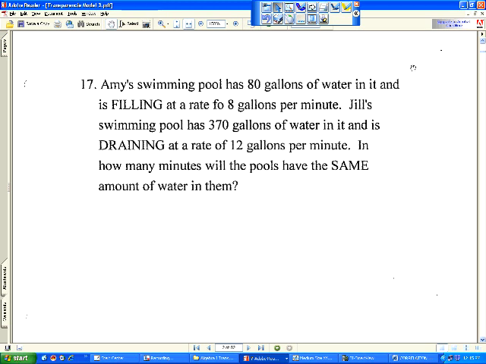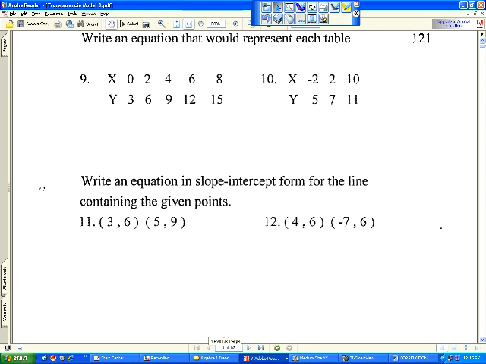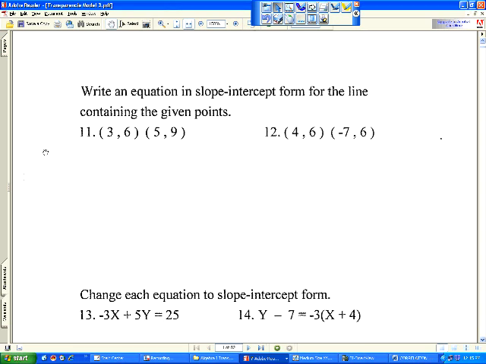Okay, let's go to some more stuff and show you some more calculator stuff. Now, let's just do this. How could we get the answer to number 11 on the calculator? Somebody tell me what we could do. You could put your points in your L1, L2, and do a linear regression, right?